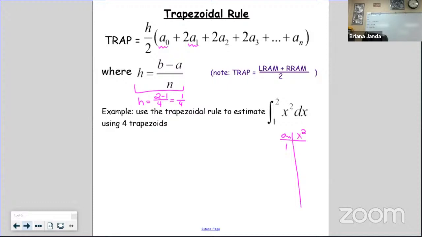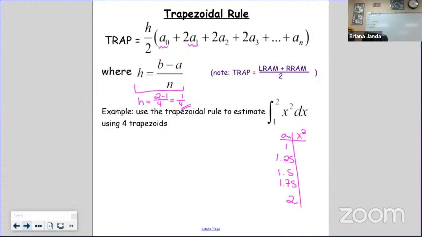We would start at 1 and work our way up to 2, but we're only moving a distance of 1/4 each time. So 1.25, 1.5, 1.75, and 2.